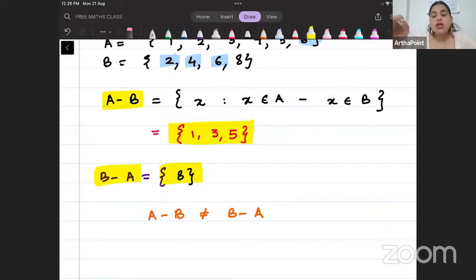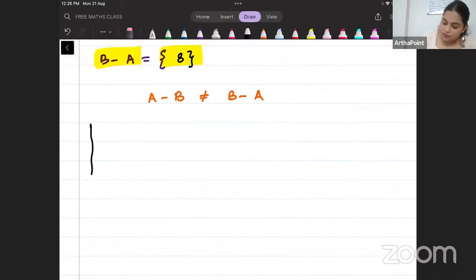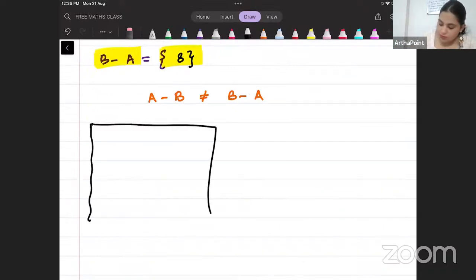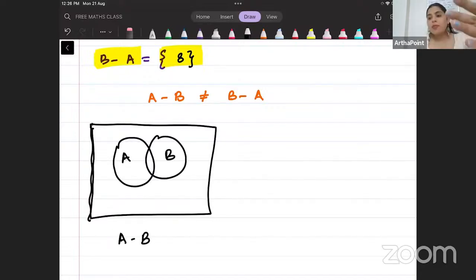Let me show you this using a Venn diagram also, better. So just think about this. This is A. This is B. When I do A minus B, I remove the elements of B from A. So I'm left with these elements.